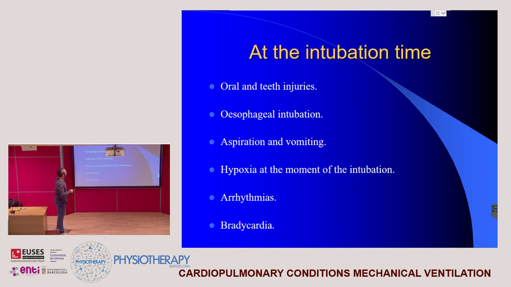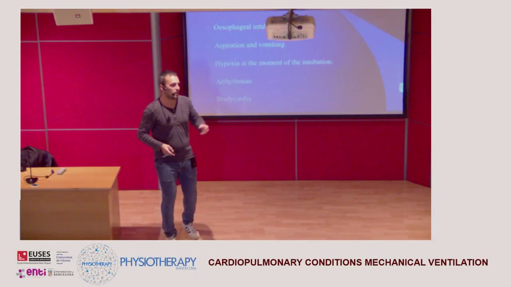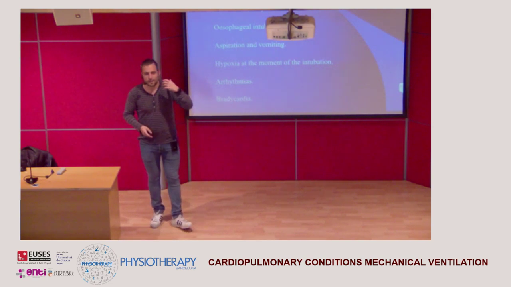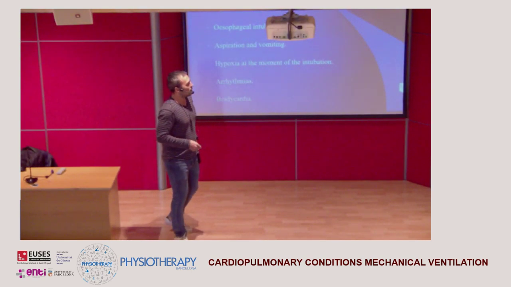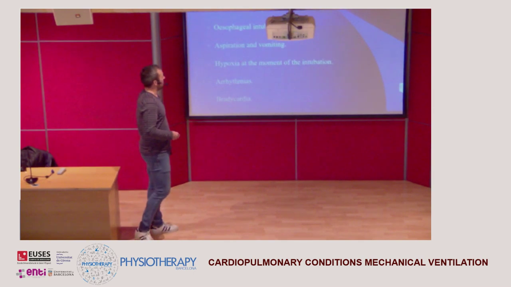The first thing is oral or teeth injuries. You have to use your laryngoscope and put it in your mouth, then lift it up and try to introduce the tube. But imagine that it is an accident and you have different kinds of foreign objects in your mouth and you have to go quick. So there are several injuries that could appear.